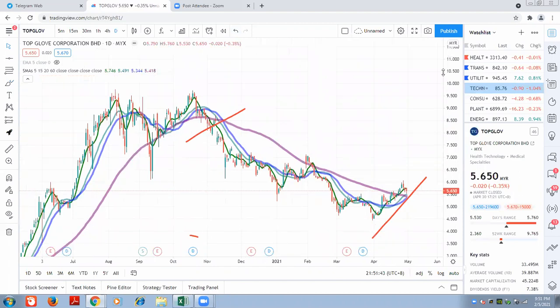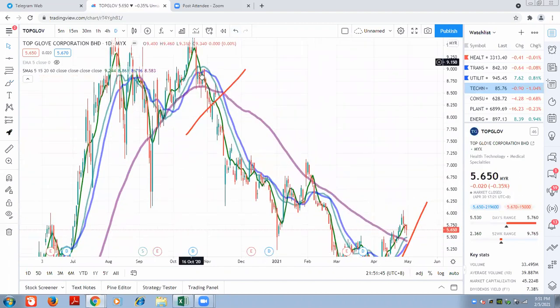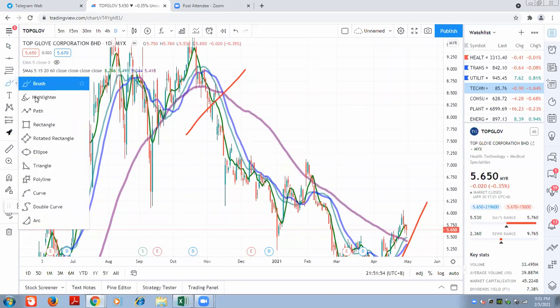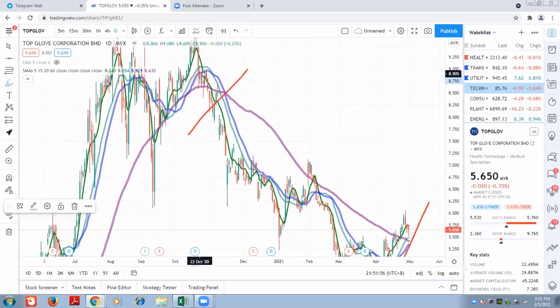Now you see the MA20. In this phase, this is the sign of a bearish trend. This is a confirmation of bearish, it is indeed a confirmed bearish trend.